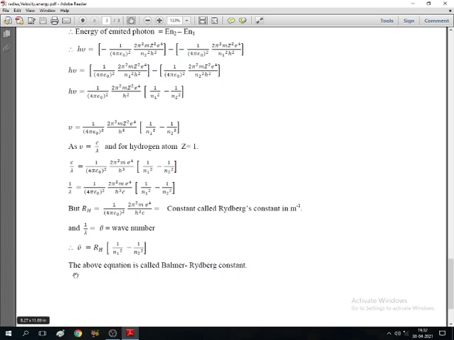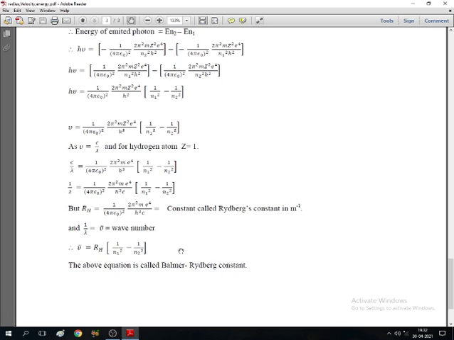Now this equation is called the Balmer-Rydberg equation. Here we define the Rydberg's constant, and we find the difference in energy between two energy levels in terms of the wave number, right?